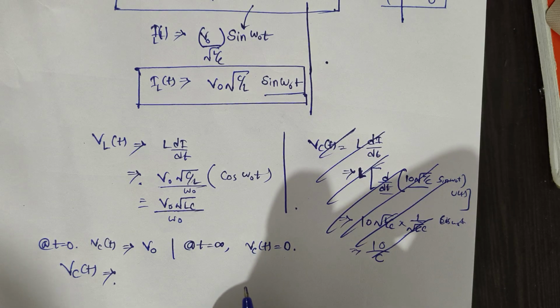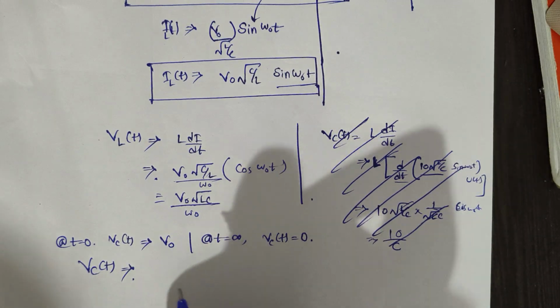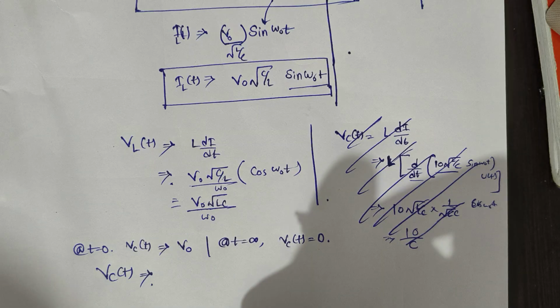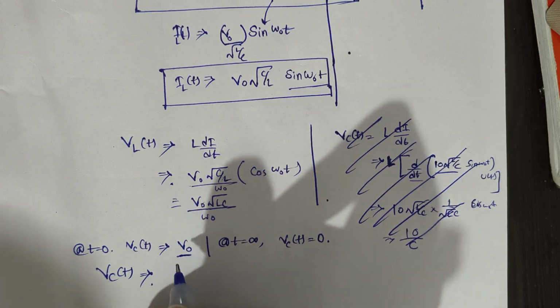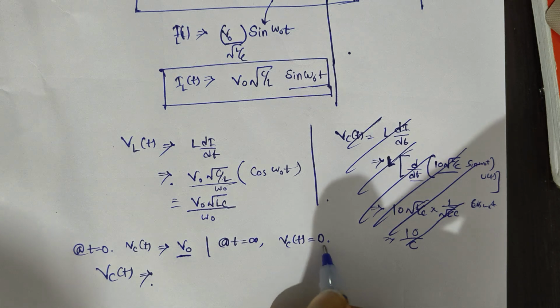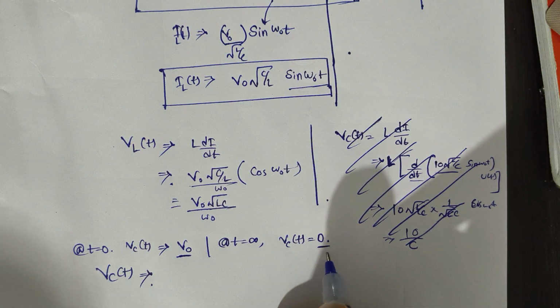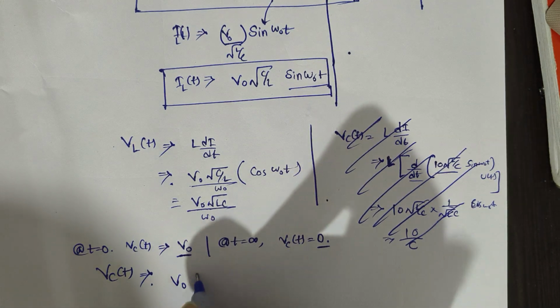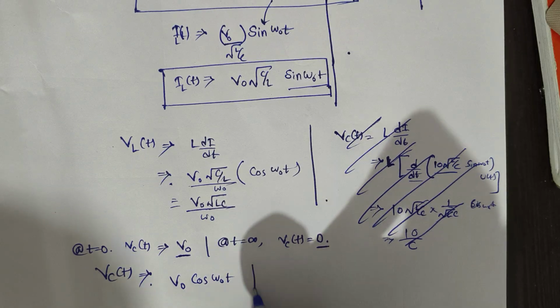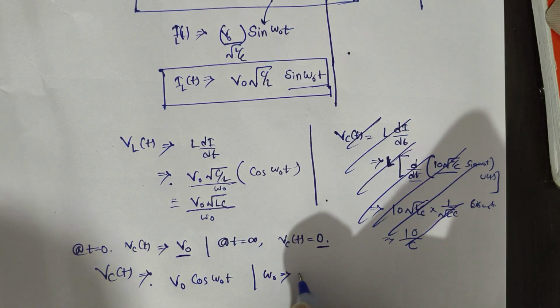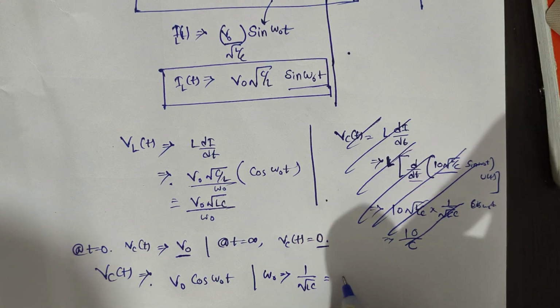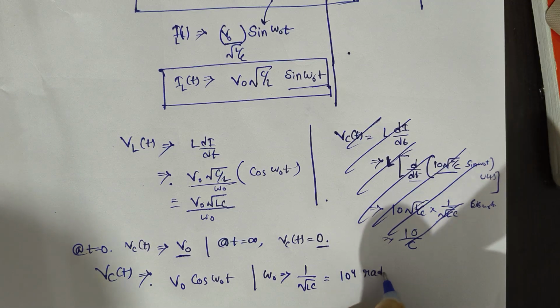So from here we can see this type of behavior, means at starting point there is some value and at steady state it is 0. It is cos initially, cos omega naught t, and omega naught here is coming 1 by root LC, which is calculating to 10 to the power 4 radian per second.